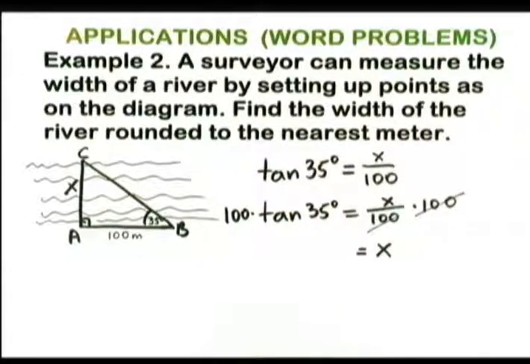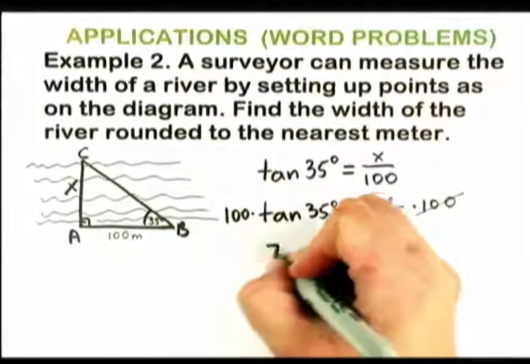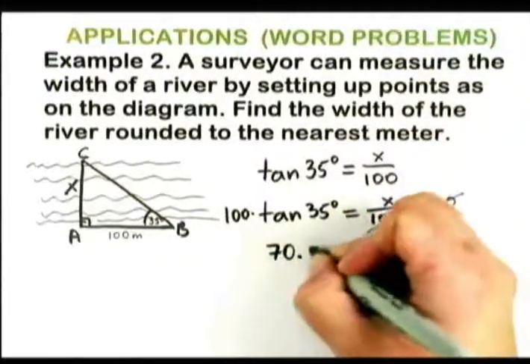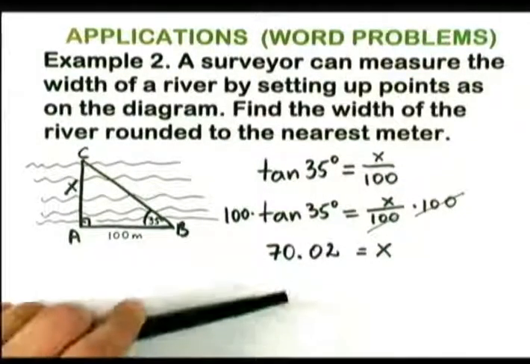Just make sure when you punch this into the calculator that your calculator is in degree mode. Tangent 35 degrees, and the answer is that X is approximately 70.02. So that's the width of the river, approximately 70 meters.